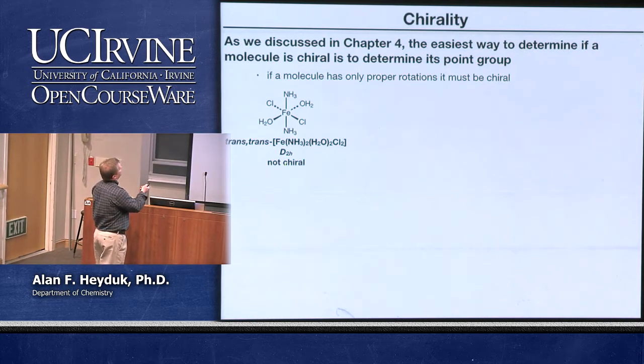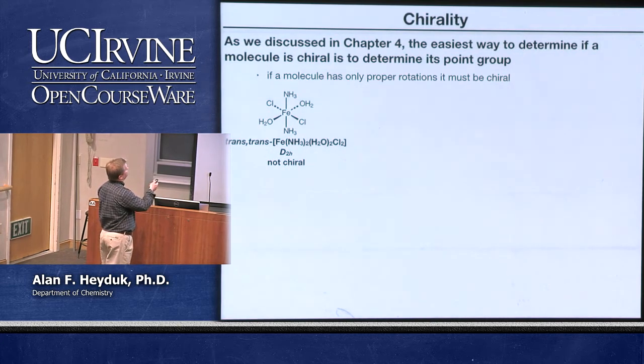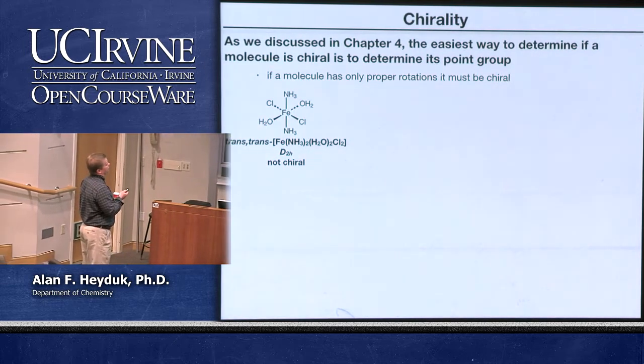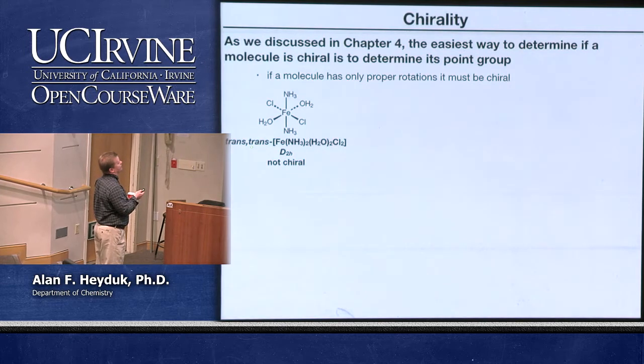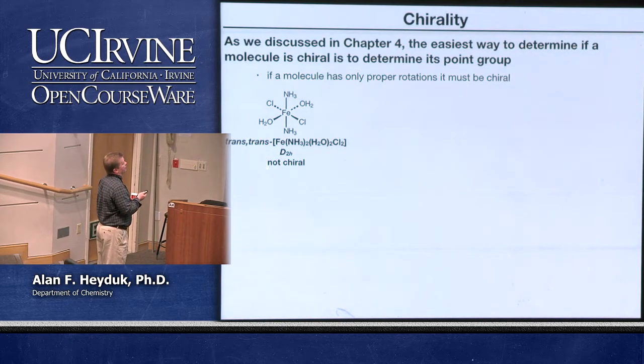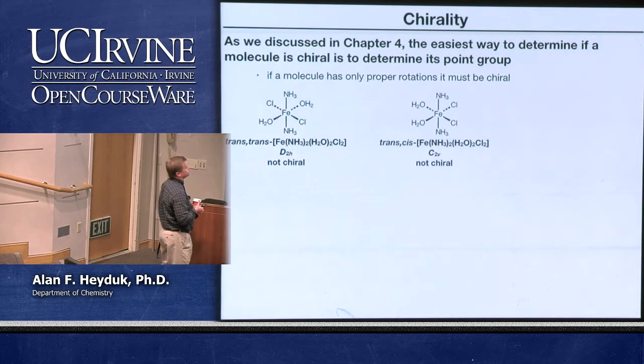So here we have iron, we have two ammonias, two waters, and two chlorides. But this is the all-trans isomer, so we only give trans because by definition the third pair has to be trans. It falls into the D2h point group. It's not a chiral point group, not a chiral molecule.